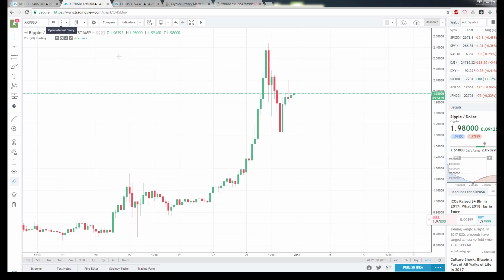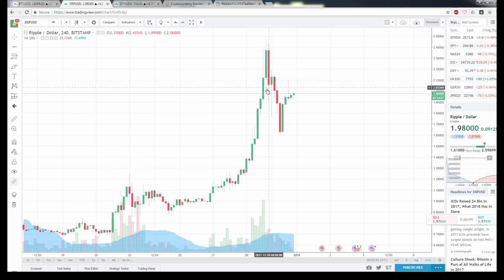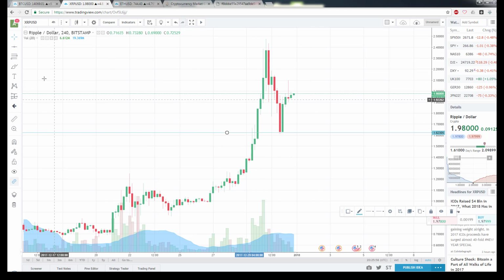Cool. I'm not sure what's taking this thing so long. So for Ripple, let's say you bite the bullet and you decide to go in. And let's just draw some support and resistance lines.